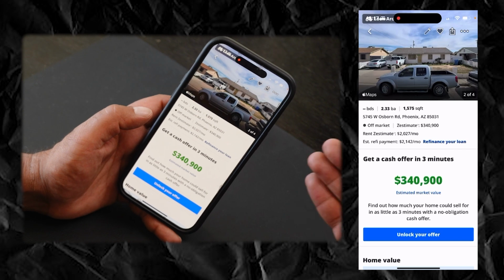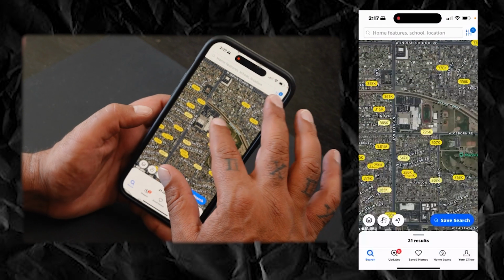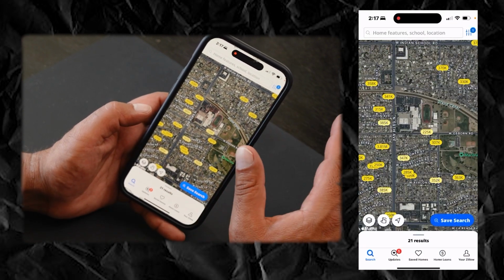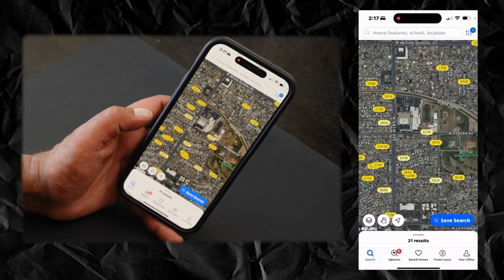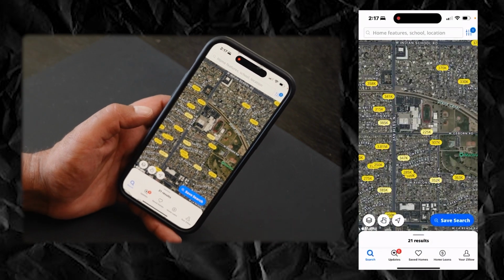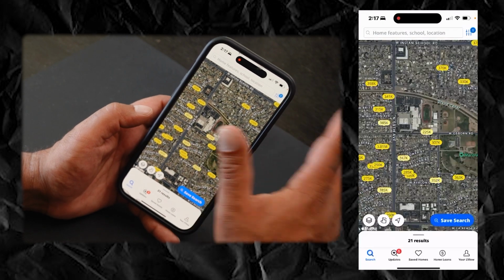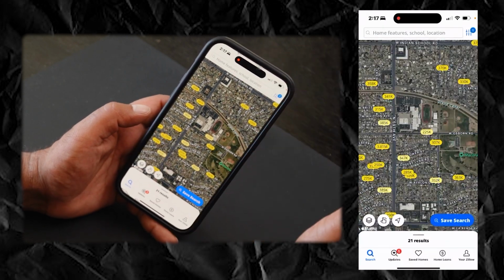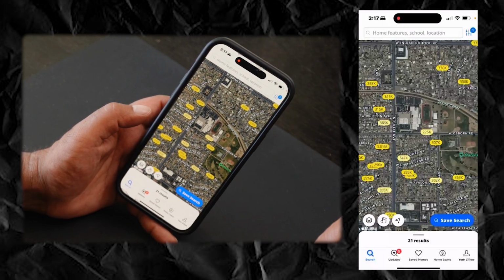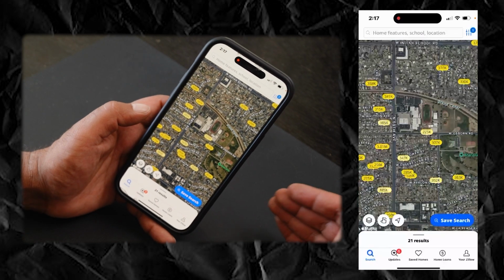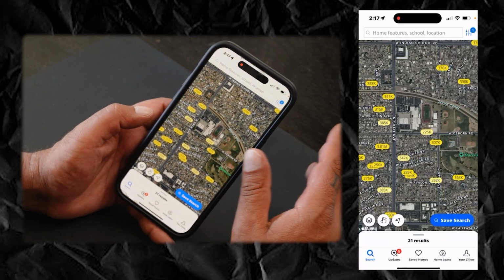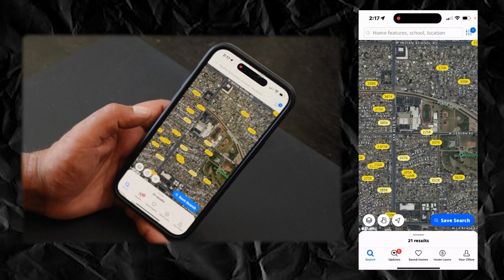So I'm going to take 30 grand off. Right now, if I have a 385 ARV and I've got to take off $30,000, that gets me to about 355, 360. So I'm going to say the ARV on this one is about 360. There's no basement. There's no ADU for me to take into consideration. So 360 is going to be my ARV for that one. Now let's head over to the computer and take a look at some more.